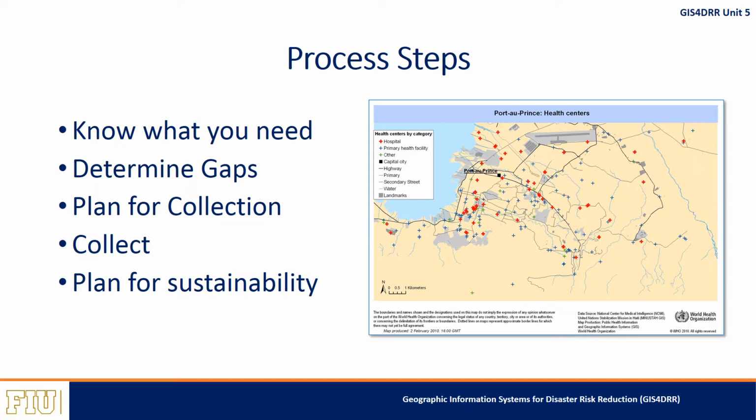And then, some of those gaps maybe are lower priority, but the ones you need to fill, you need to plan for data collection. Then you need to go out and collect them.